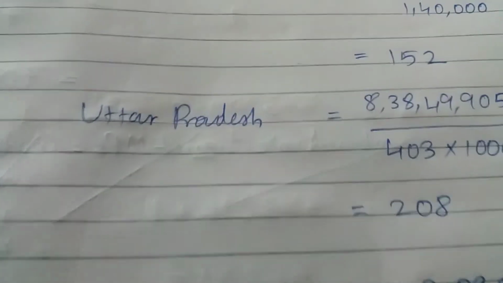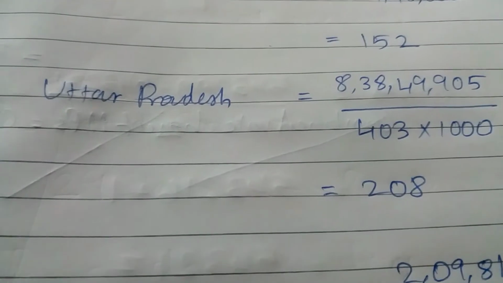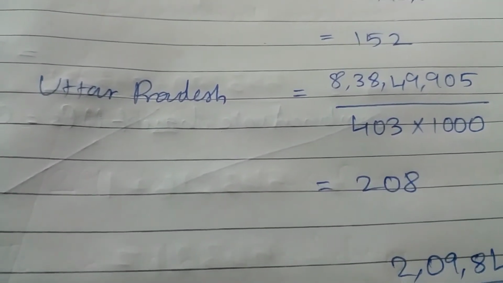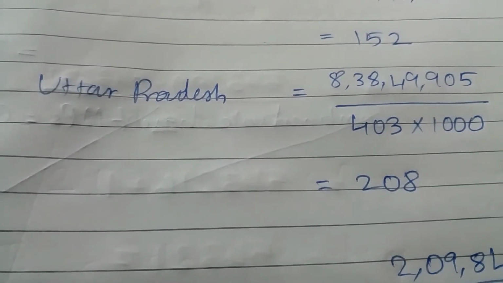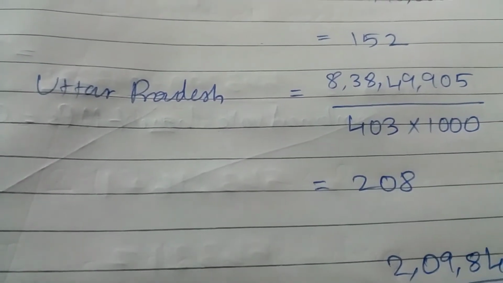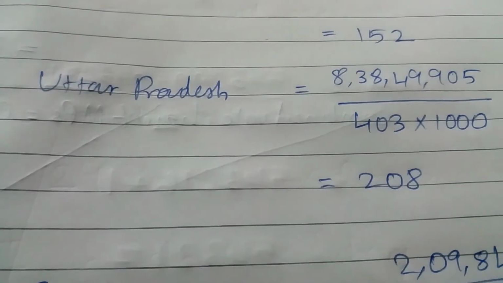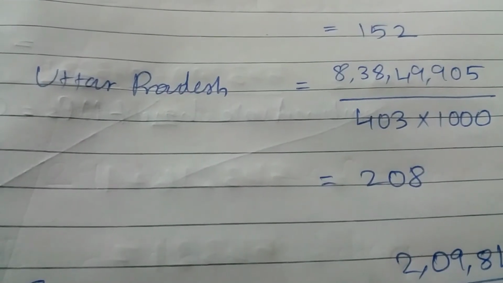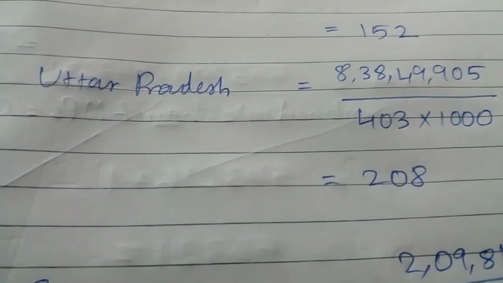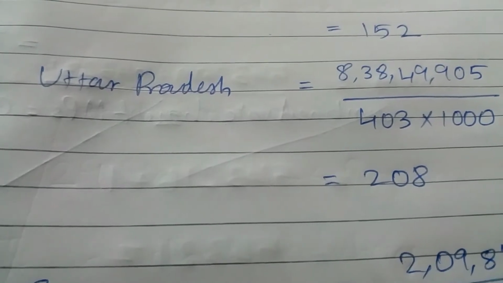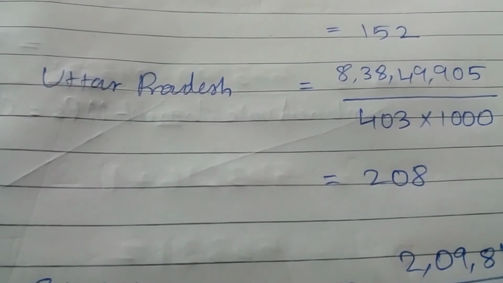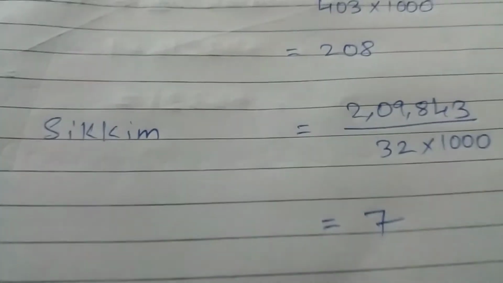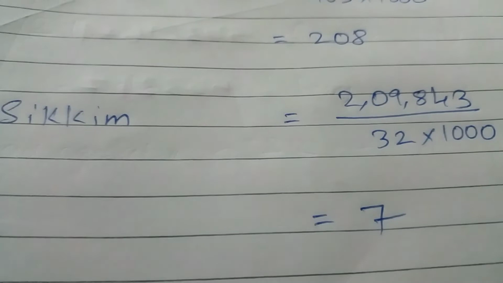Coming to the case of Uttar Pradesh, it has 8 crores 38 lakhs 49,905 population, and Uttar Pradesh has 403 MLAs. Applying the equation, we get the value of the vote of one MLA from Uttar Pradesh as 208. Let us take one more example, the case of Sikkim.